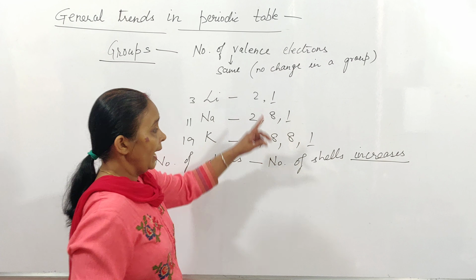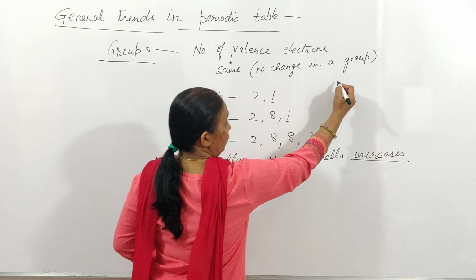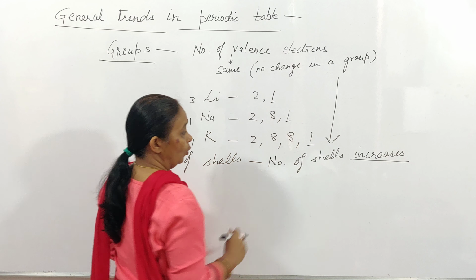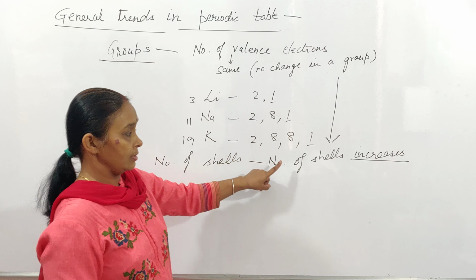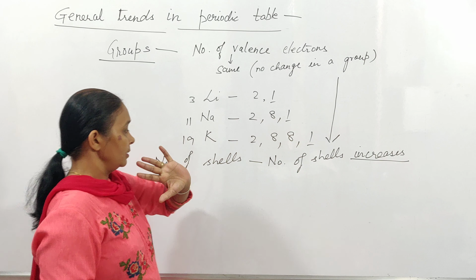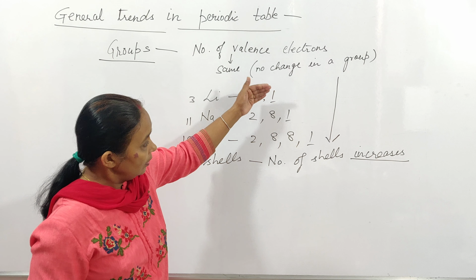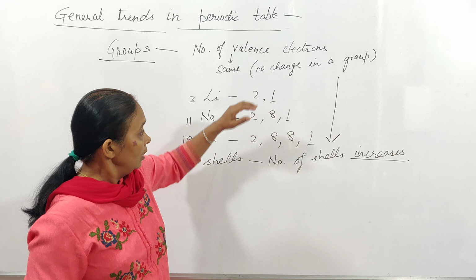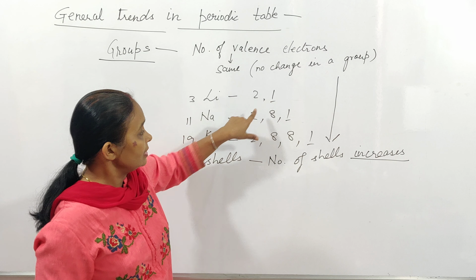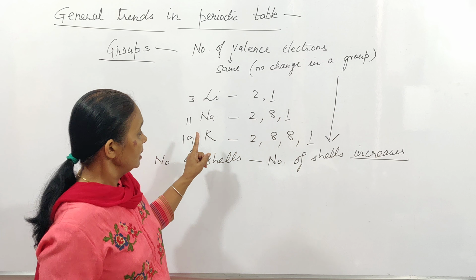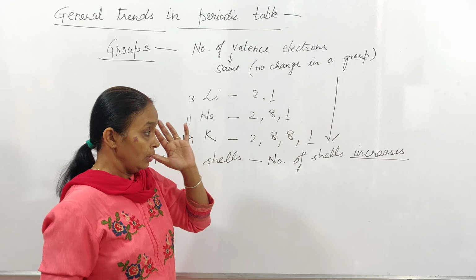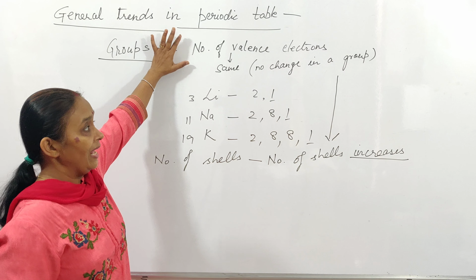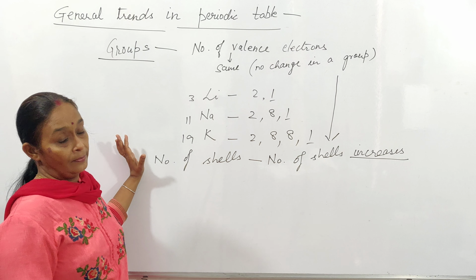So as you move down in a group, what happens? Number of shells increases every time by 1. In lithium you have 2 shells, sodium you have 3 shells, potassium you have 4 shells. So this is about the valence electrons and number of shells.